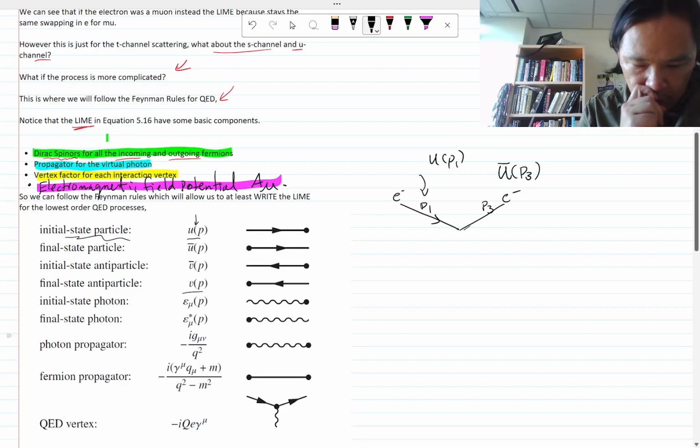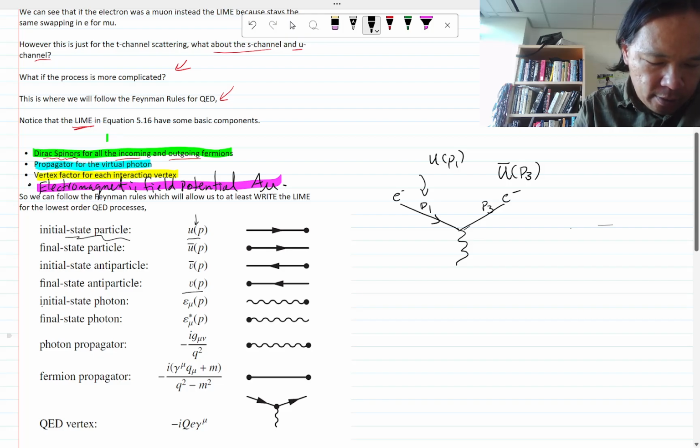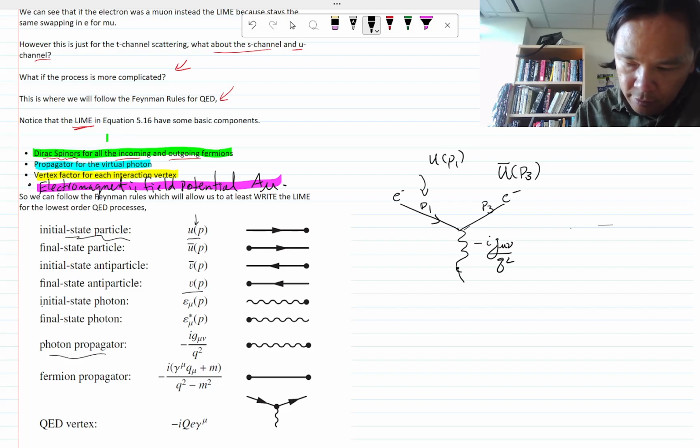Let's deal with the antiparticle stuff in a second. And then this photon here is a photon propagator, so it's not a photon just going out into infinity. So we don't do the final or initial state, we do the photon propagator. This piece contributes i g mu nu over q squared.